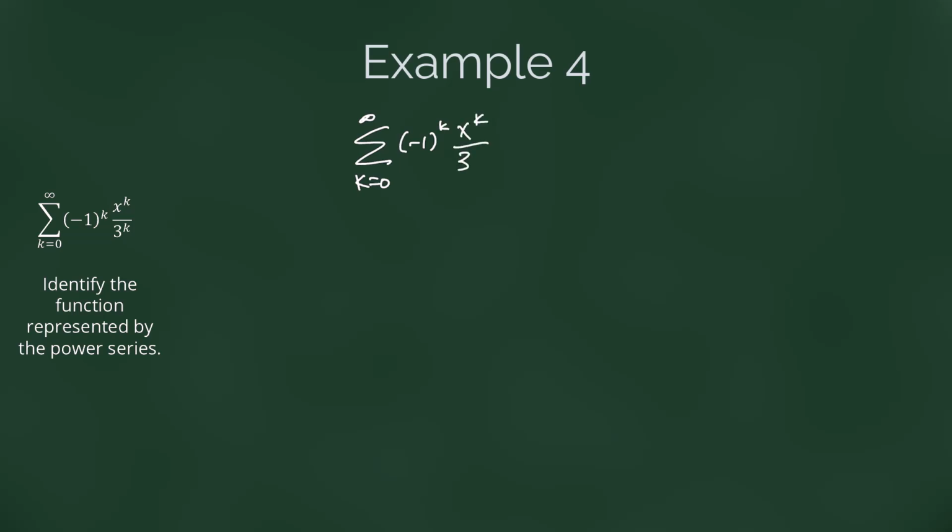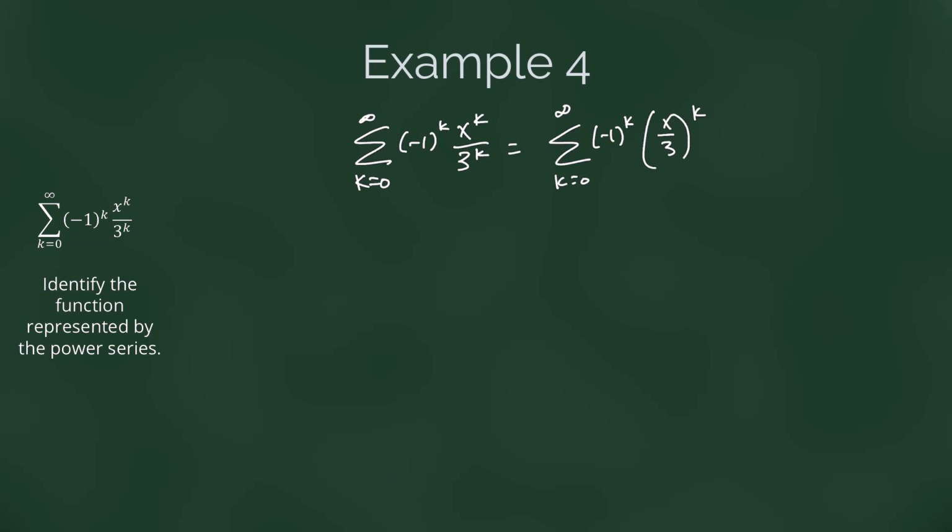So the fact that everything is raised to a power here might give us some clue as to how we could simplify this thing. We've got the sum from k equals 0 to infinity of negative 1 to the k times x over 3 to the k, which is geometric.